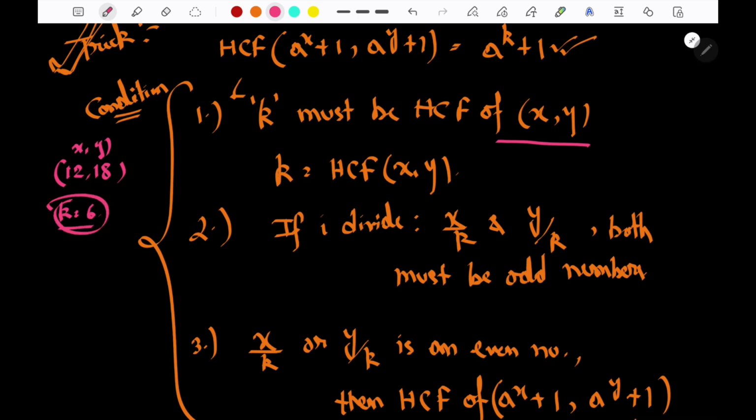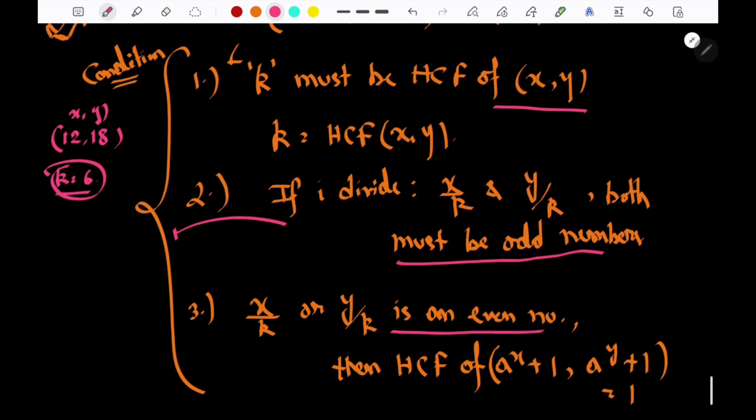So if it is like this, both must either be odd or both can be even. One cannot be even and another odd. Otherwise again the HCF will be 1. Okay, so for example, if I choose 3, or we can choose 9, and we can choose say 15.